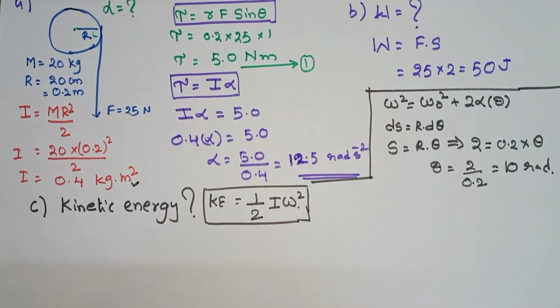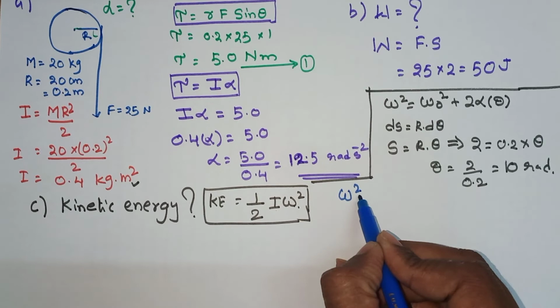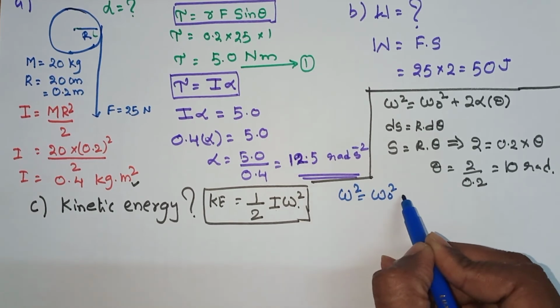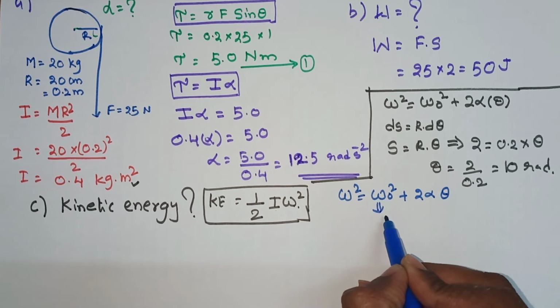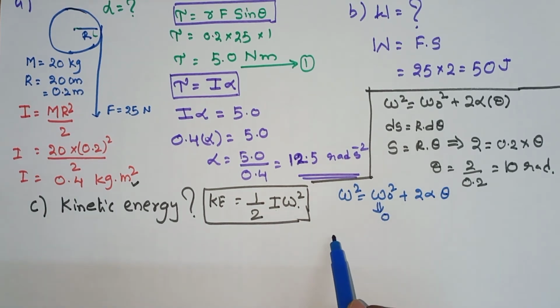Now substitute into the simple formula. Omega square is equal to omega naught square plus 2 into alpha into theta. It starts from rest, so omega naught is 0. Now omega square is equal to 2 into alpha into theta.